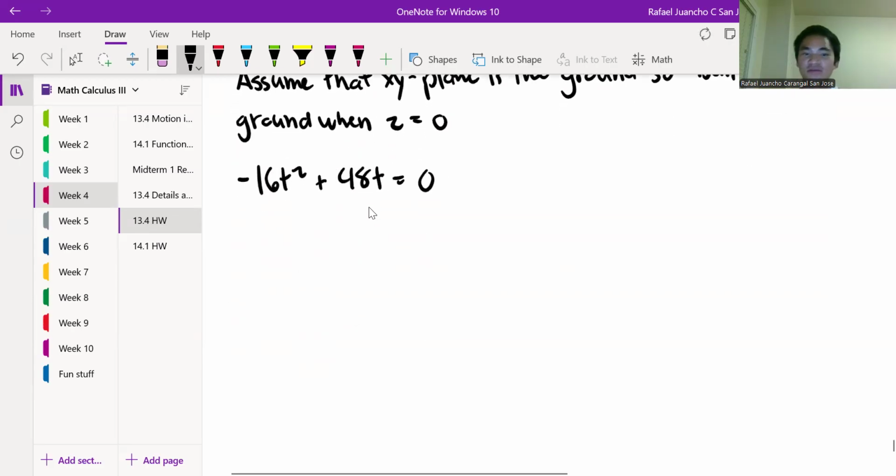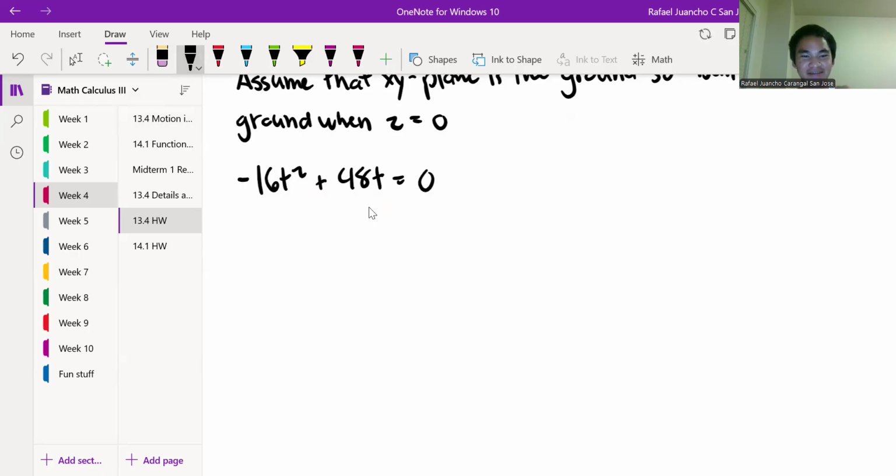And here we just find a t that works, right? Now let me quickly, oh, okay, lucky. I can divide everything by 16. So I get negative 3t squared plus t is equal to 0. I think it was the other way around.